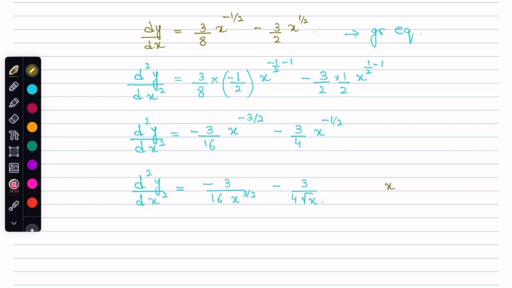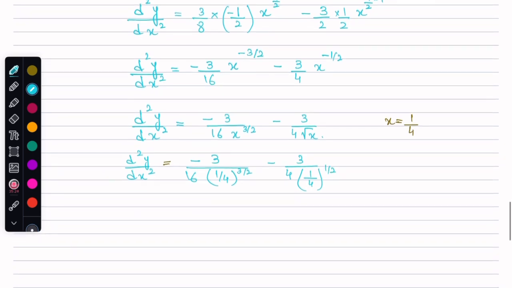Now we need to find the nature of the stationary point, and that is when my x, as we found earlier, for the stationary point, the x coordinate was 1/4. So if I substitute this 1/4 here, then I can see that the second derivative d2y/dx² is going to be negative 3/16 times (1/4)^(3/2) minus 3/4 times (1/4)^(1/2).